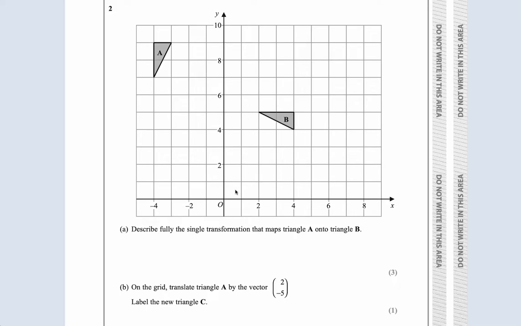Question 2. Describe fully the transformation that maps triangle A onto triangle B. Right, guys, so this is one of those ones that's tricky for me to show you how to do because I don't have tracing paper. So the way to do this is, well, first recognize it's a rotation. So there's 3 marks here.